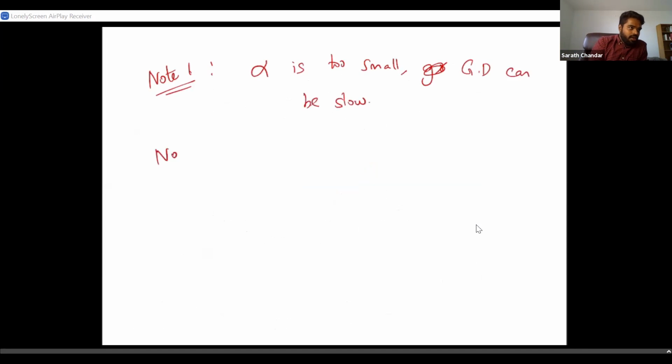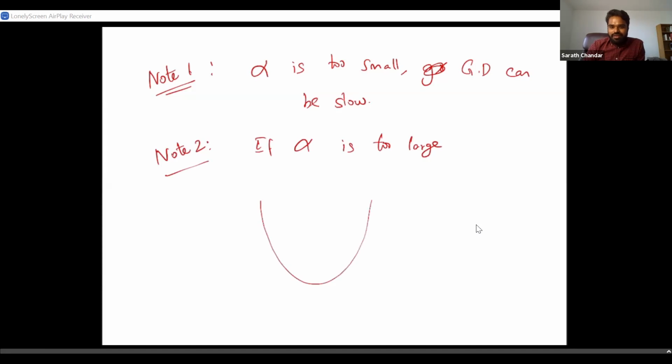Then the second note is if alpha is too large, in that case the gradient descent can actually overshoot the minimum. For example, let's take the 1D case. Now this is my loss function, just a one-dimensional loss function, and I have my minima here. Let us say I am already here. Now I need to take a very small step, another small step to reach here, right? Now, instead of taking a small step, let's say I have a bigger learning rate.